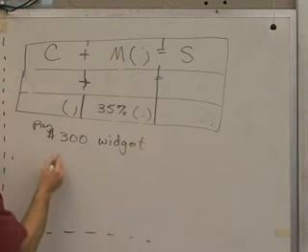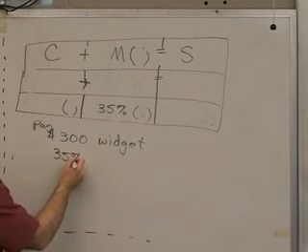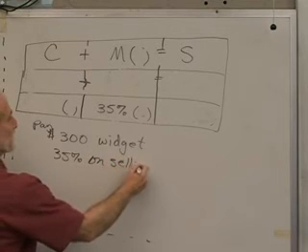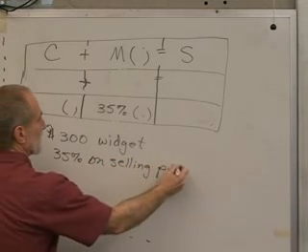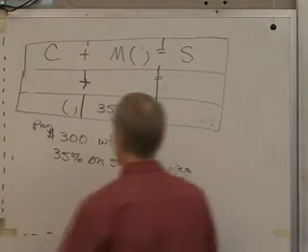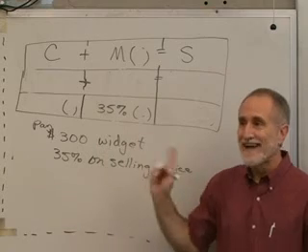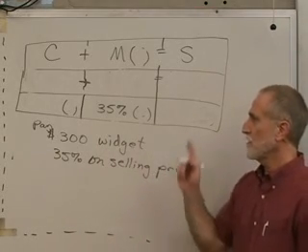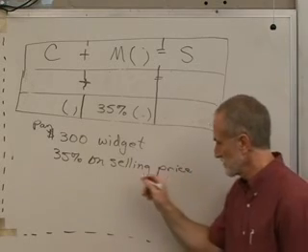To stay in business, we need a 35% margin on selling price. Find the selling price and the margin, or the markup. Now, the numbers are exactly the same as the previous problem. The only thing that's different are these words coming after the word on.